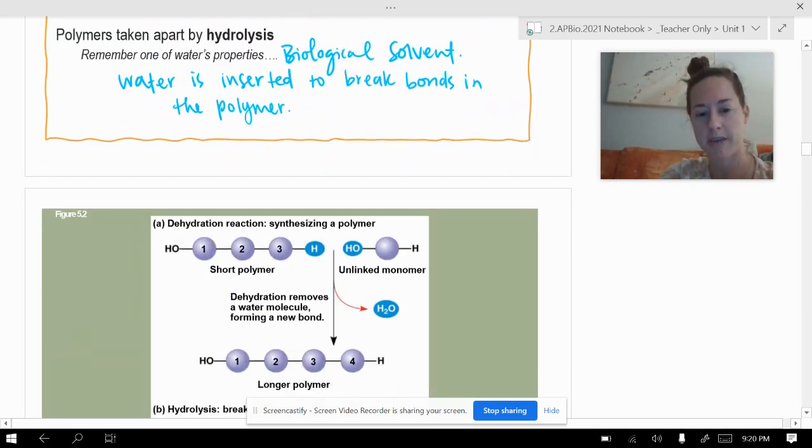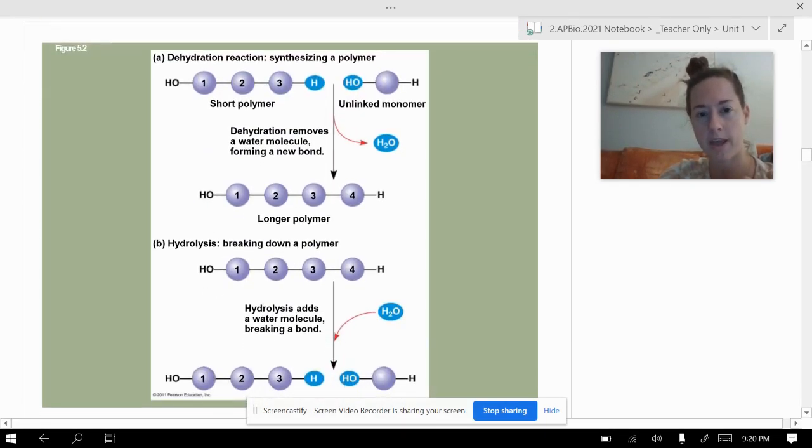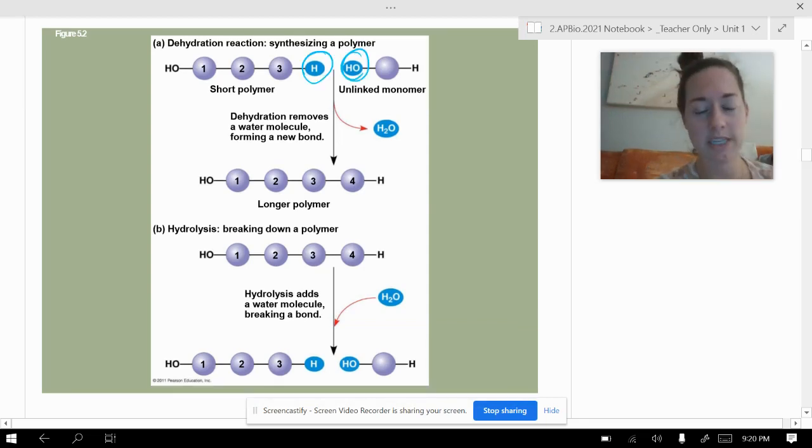Here it is in an image, which I think will be helpful especially if you're visual like I am. The first part is dehydration synthesis. So what you have is this hydrogen and this hydroxyl group, this functional group on the unlinked monomer. What happens when you add OH plus H equals H2O?